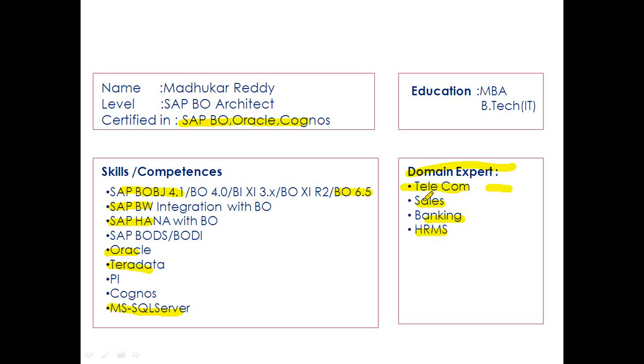So as a BO developer, you need not worry about domain expertise. You need to have a knowledge of what kind of data is available in the sales, telecom, and banking domain projects. Even if you are not aware of that, we will discuss it in our regular sessions as well.